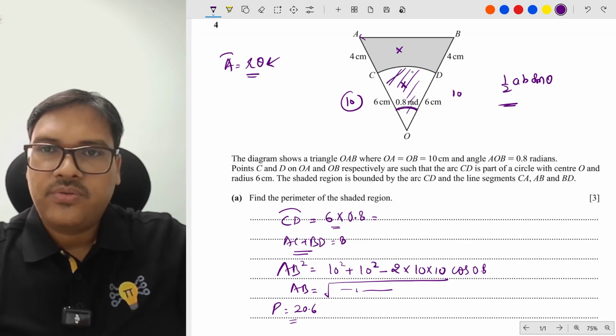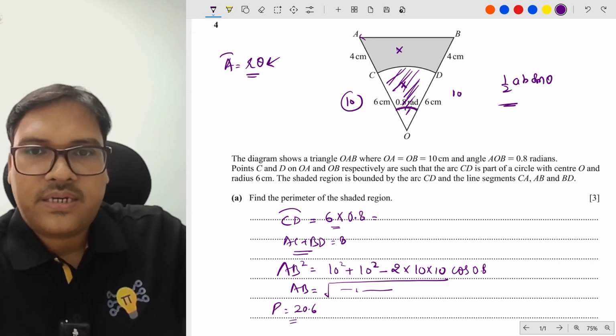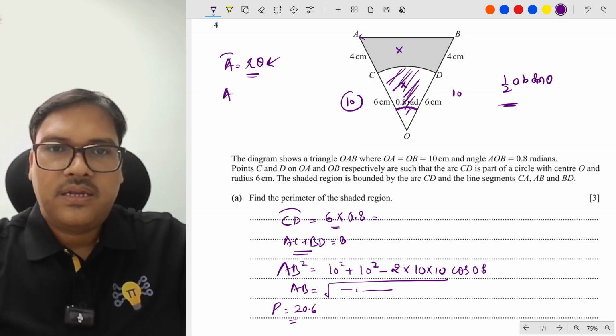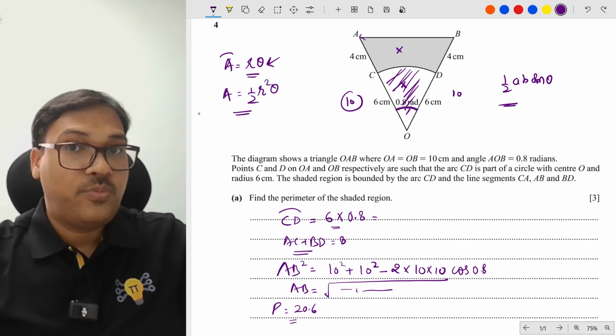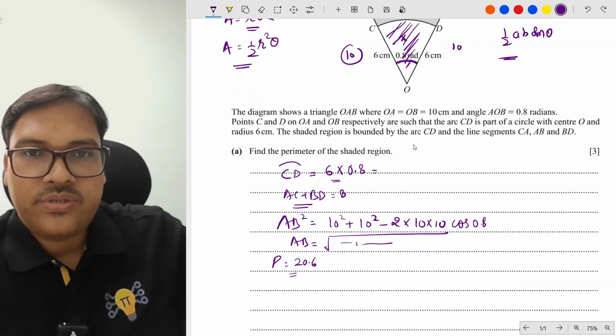Now from this we need to remove the area of this sector. What is the area of this sector? Area will be equal to half r square theta. Theta is in radians. You have to be very careful about radian and degree. So this is the formula related to radians. What is the radius?